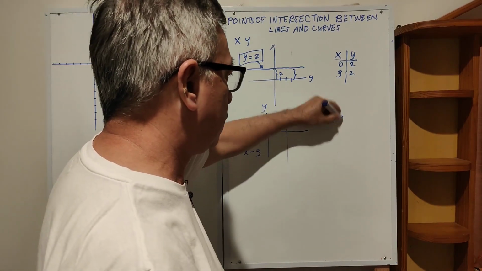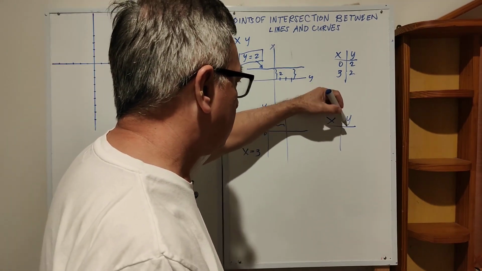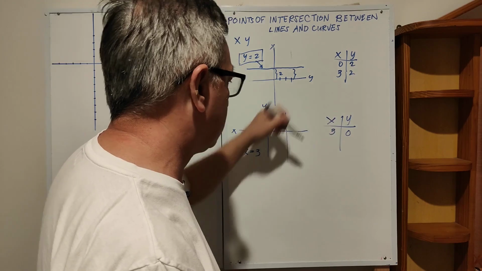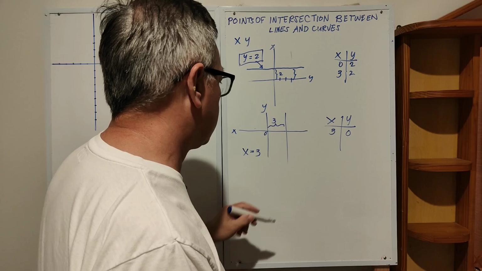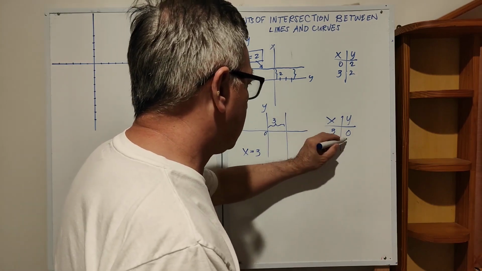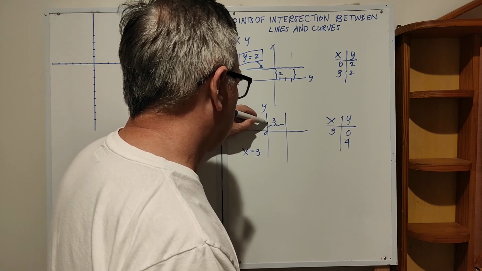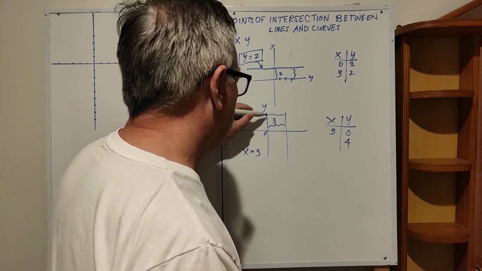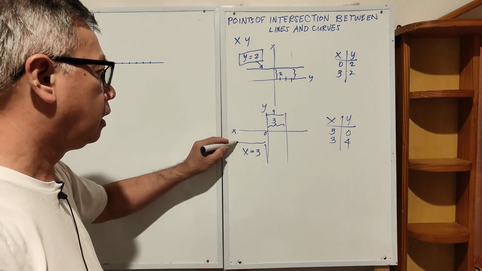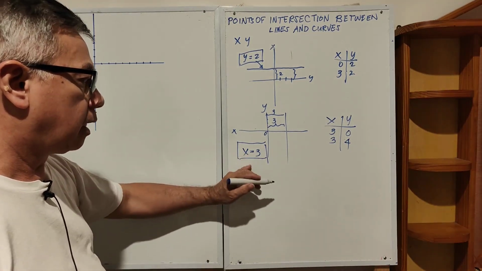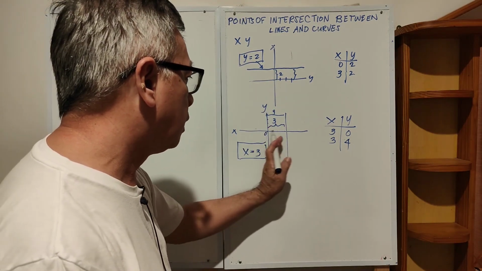If you do the x and y table, if y is 0, x will be 3. If y is 4, so go 1, 2, 3, 4, x would still be 3. So this is the equation of a vertical line 3 units to the right of the axis.